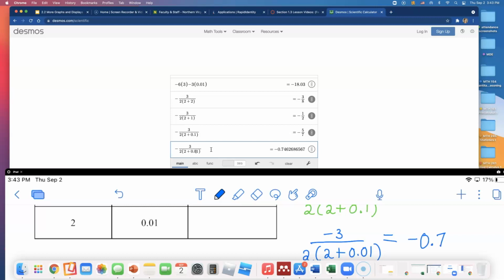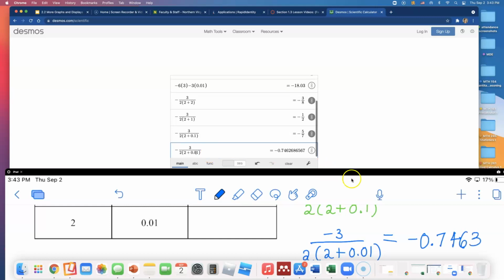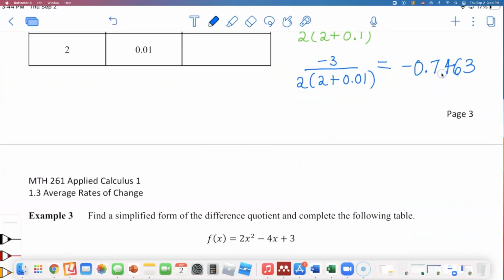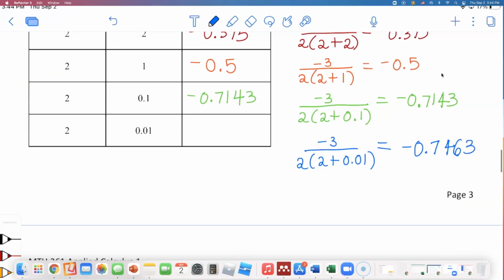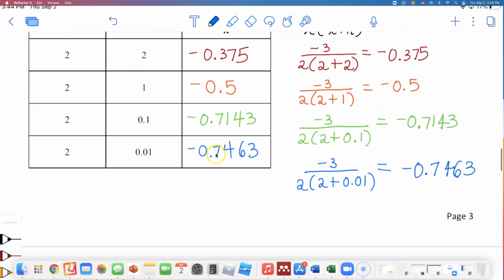Negative 0.746. I'll just round to the nearest four decimal places. So if I write this down, copy that down from the calculator, I feel like it's definitely gonna stay in that negative 0.7 area.